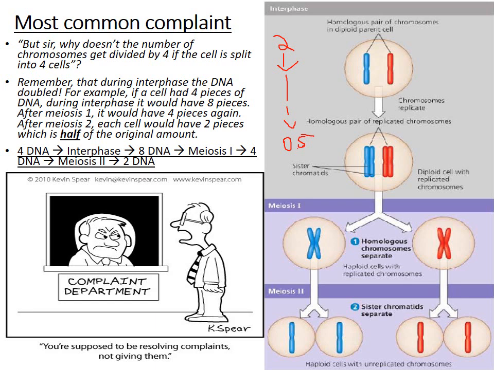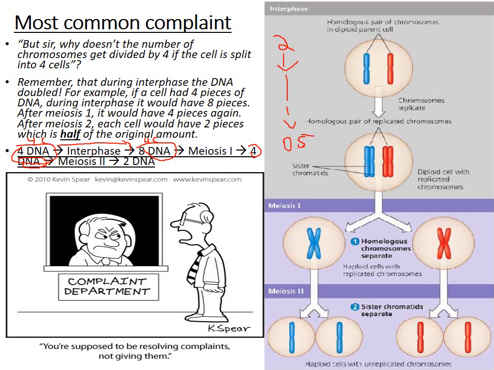So the idea is that if you start off with 4 DNA, you double it first to get 8 DNA. First division happens, you get 4 DNA. So we're back to the same amount of DNA. But the thing is that we have half the chromosomes, right? These 4 DNA were on 4 chromosomes to begin with. This 8 DNA is on 4 replicated chromosomes.